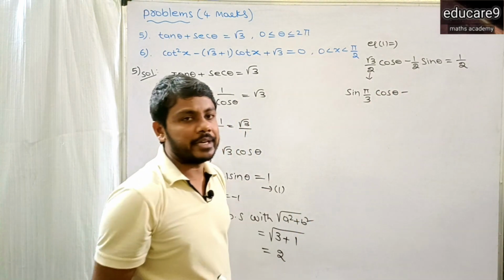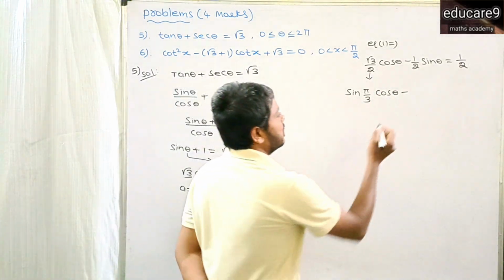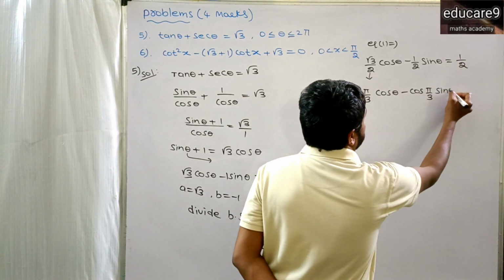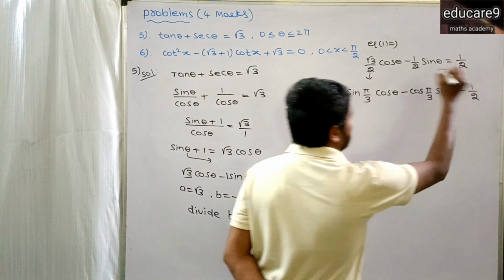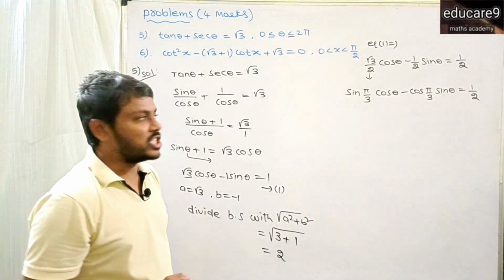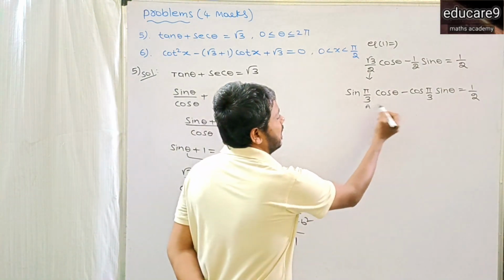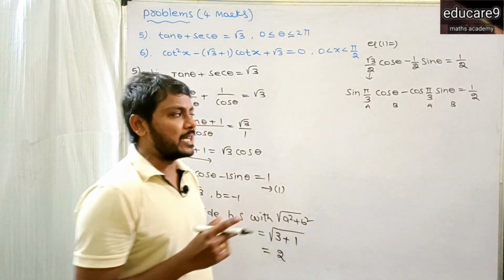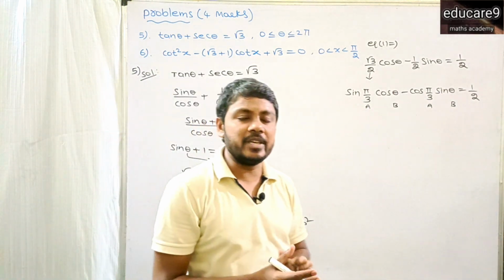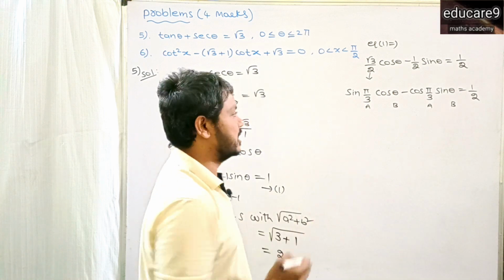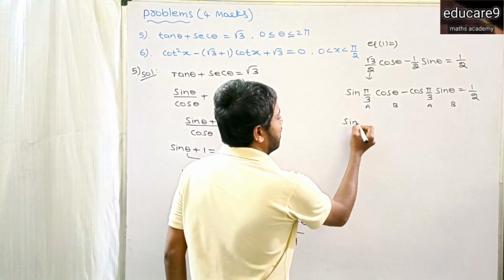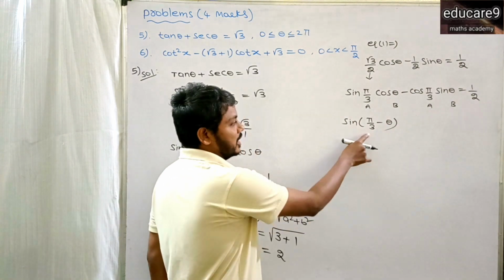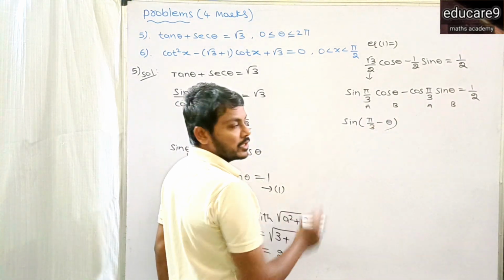Minus 1 by 2 can be written in terms of cos, that is cos 60, into sin theta, equals 1 by 2. Clearly this is of the form sin A cos B minus cos A sin B. You know that sin A cos B minus cos A sin B is sin of A minus B. That is sin of pi by 3 minus theta, where A is pi by 3 and B is theta.